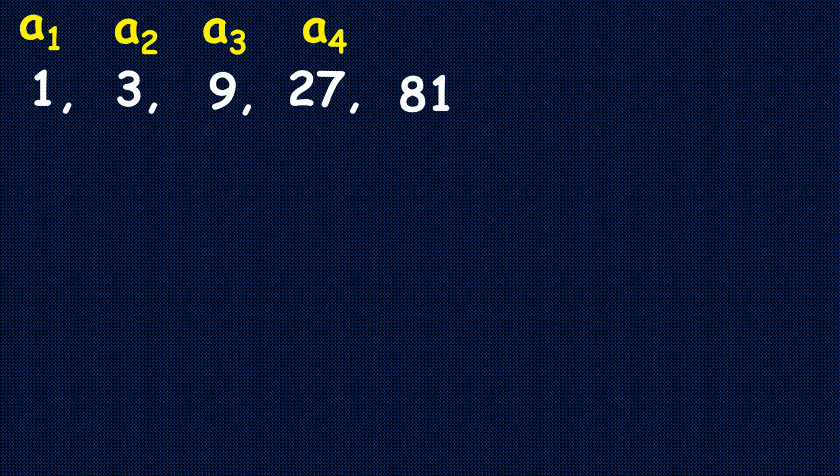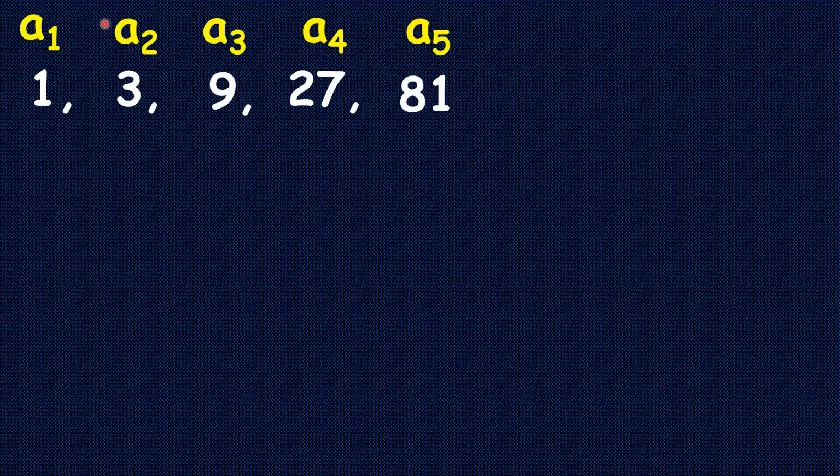So let's look at this set of numbers and let's see the kind of pattern they follow. Now we have the first term, 1, and this is denoted by A1. A1 is the first term. We have the second term, 3.